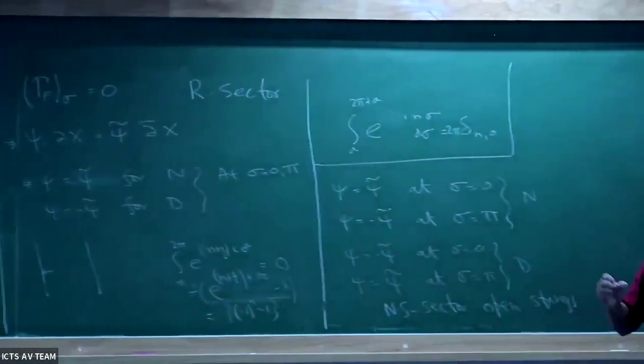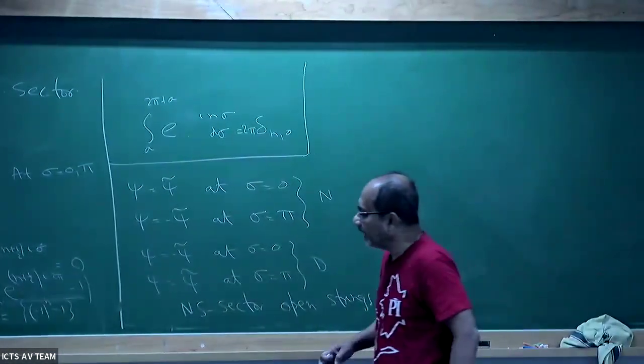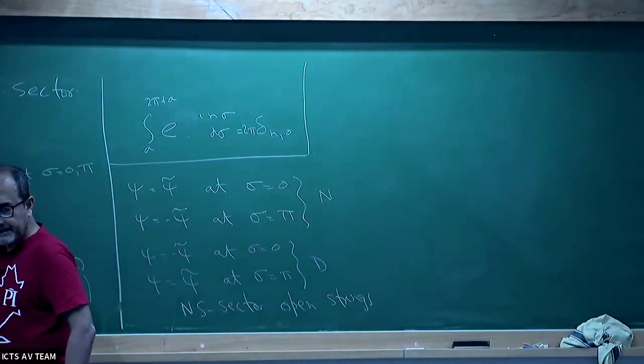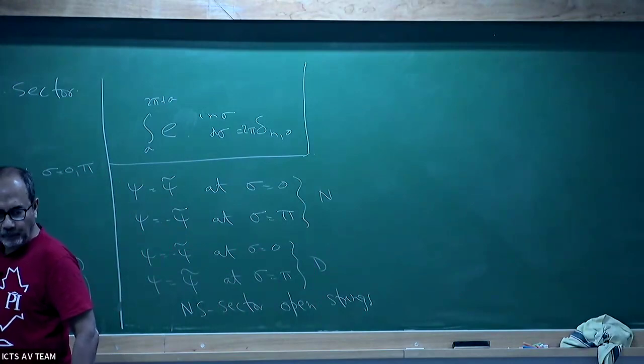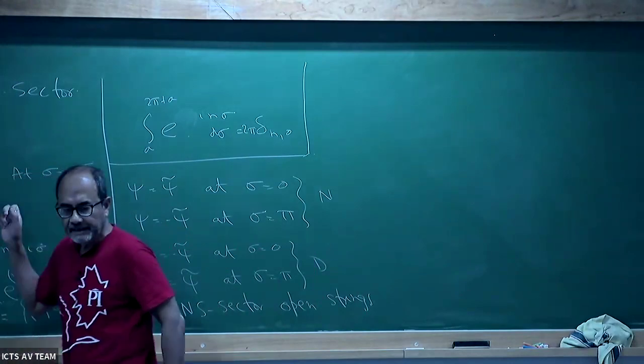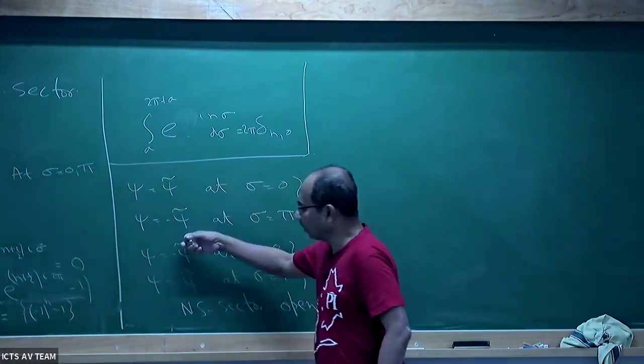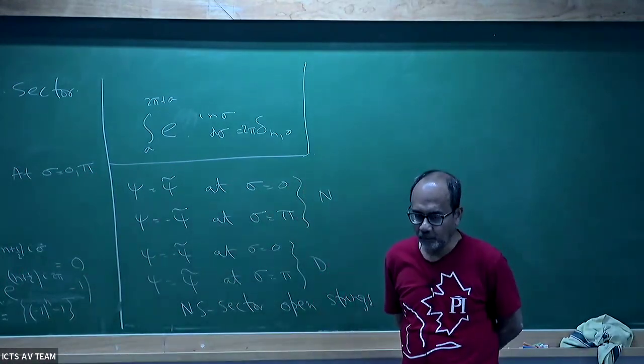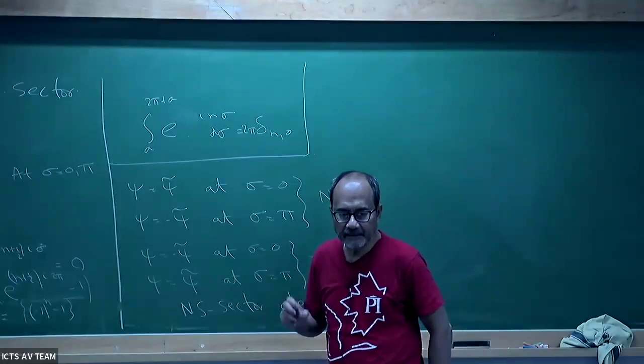Those 2 sectors are one where you use the same boundary condition at the 2 ends, if both ends are Neumann or both ends are Dirichlet, and the other one where you put opposite boundary conditions at the 2 ends.